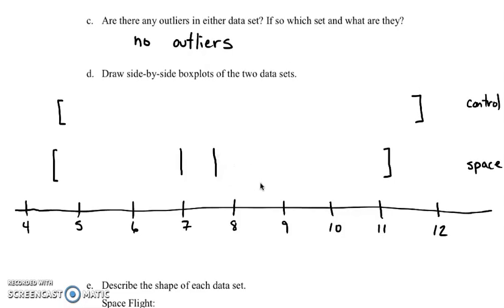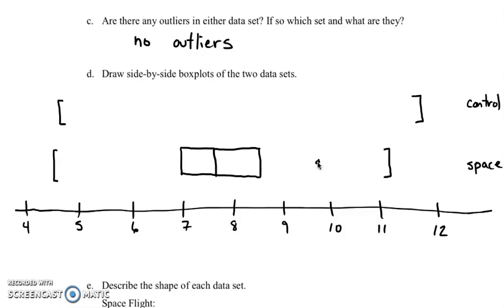And Q3 is at 8.64, so about here. Our maximum data value that's less than the upper fence is 9.94.